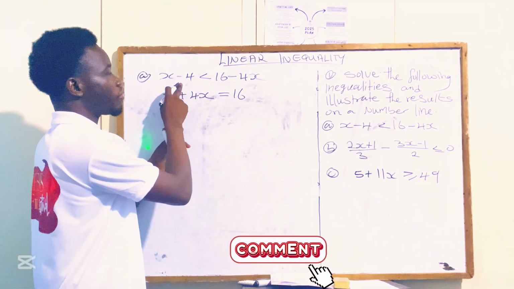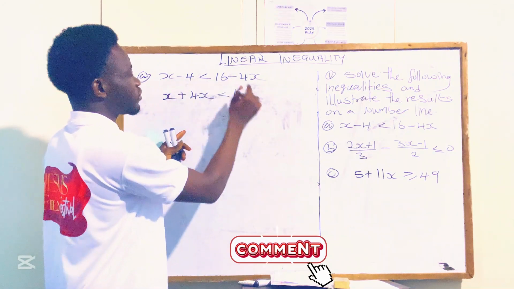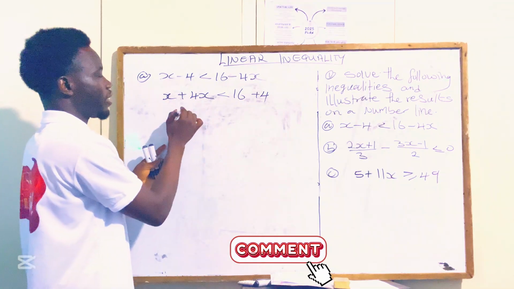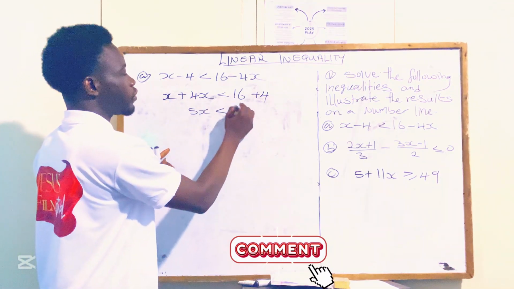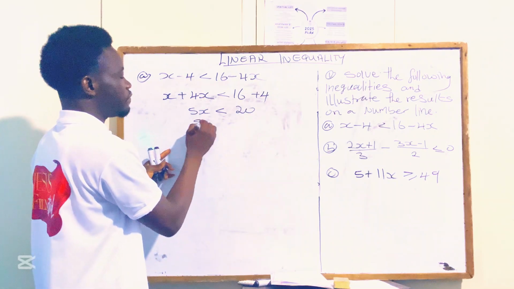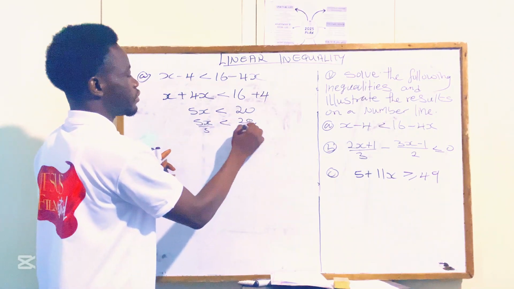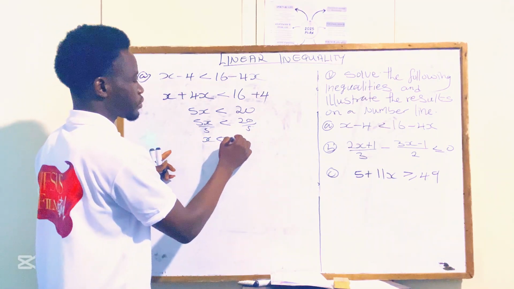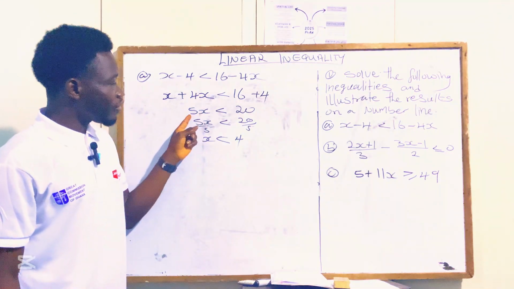The negative 4 here coming across the sign also gives me positive 4. Now x plus 4x is 5x less than 16 plus 4 is 20. So I divide through by 5, divided by 5, and my x is less than 4. Now remember, at this step I didn't quickly divide it through.